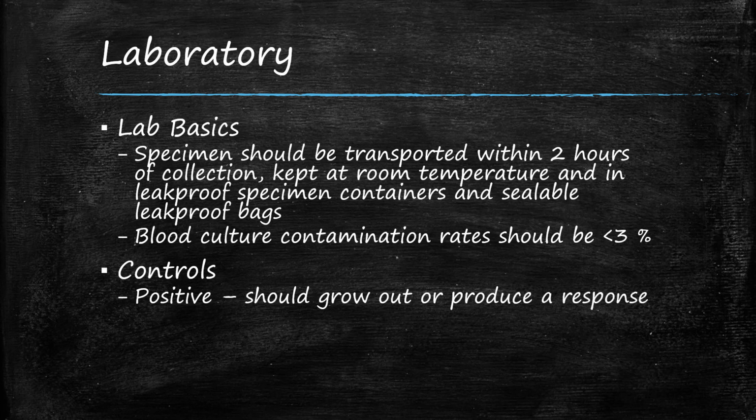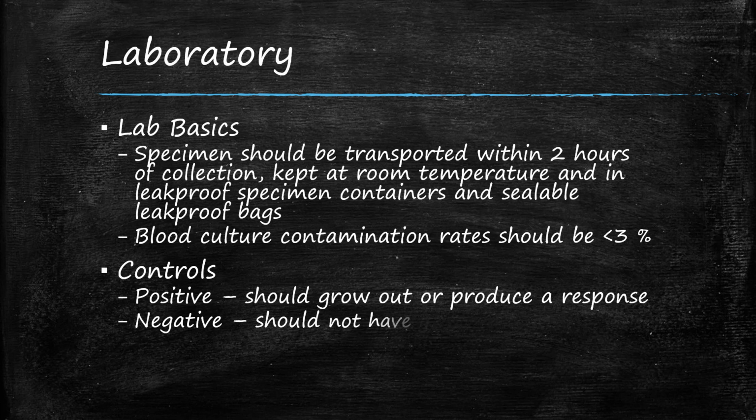When we talk about controls in a laboratory setting, we either talk about positive or negative controls. The positive control should grow out or produce a response. So if you're growing a bacterial culture and you do a positive culture, you'll actually inoculate your medium, whatever you're using, with bacteria and make sure that it grows. And then a negative culture is quite the opposite.